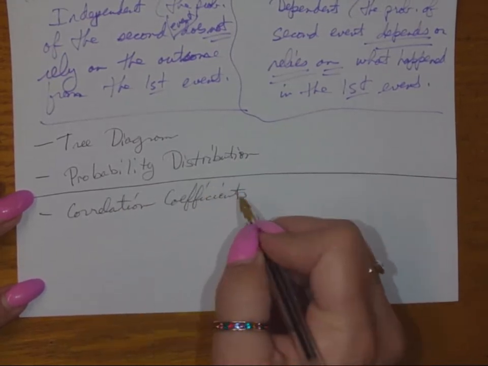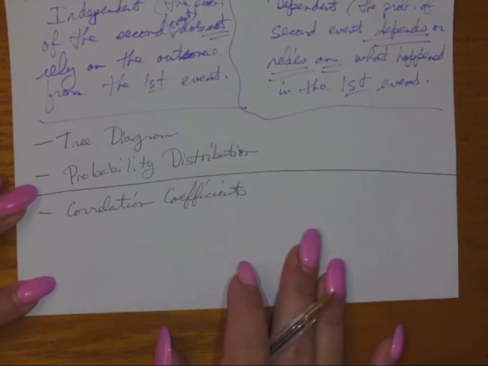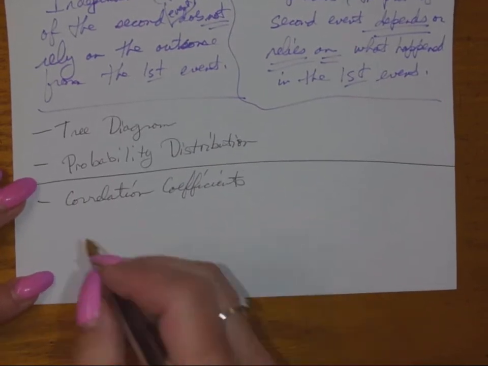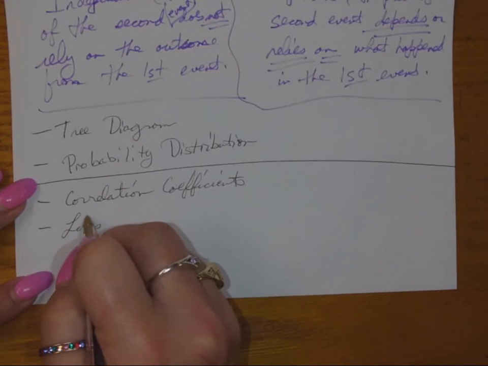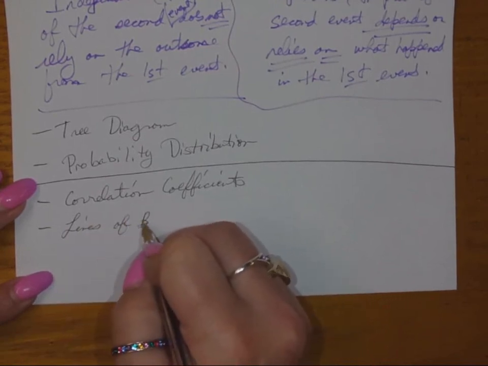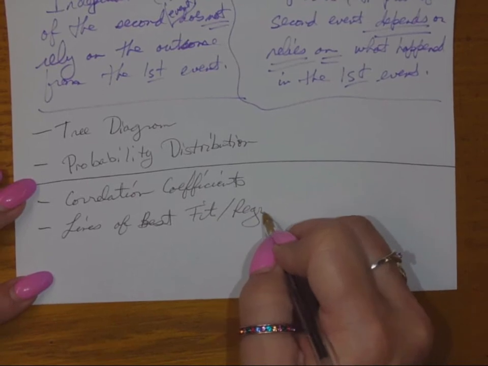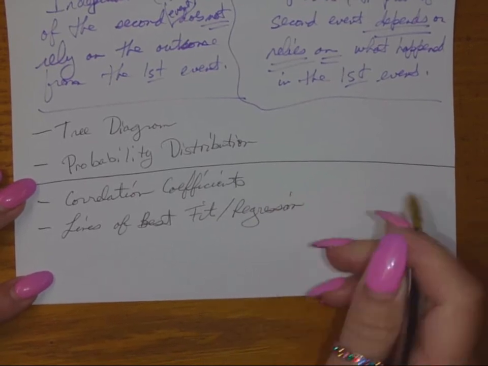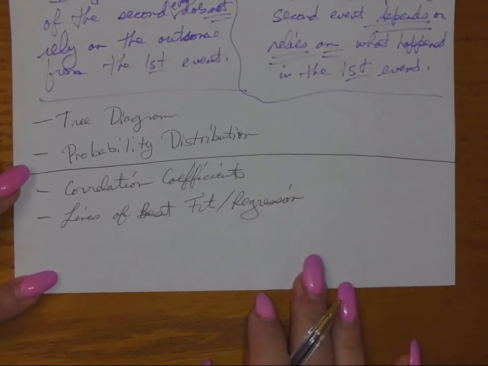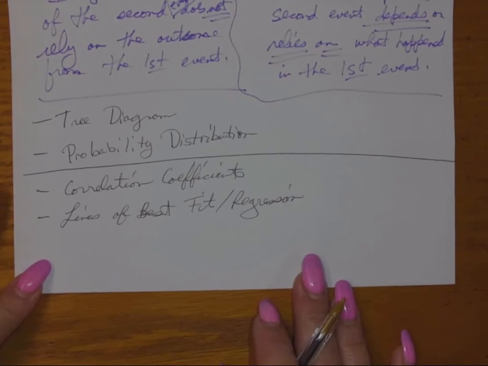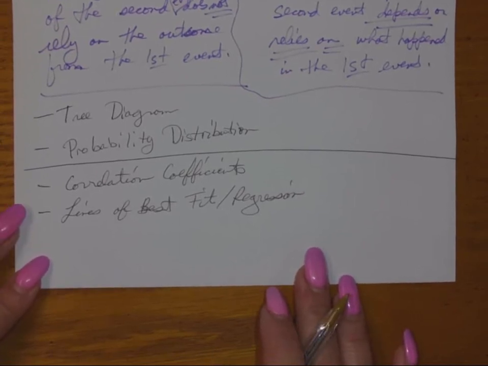We did some button pushing on the calculators. We looked at lines of best fit, along with regression. For us, we did linear regression, but there's also quadratic regression and exponential regression and all kinds of other stuff. Okay, so we did all that.